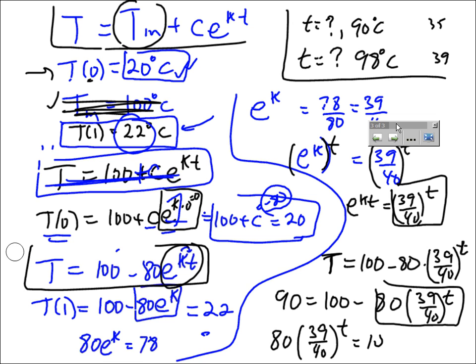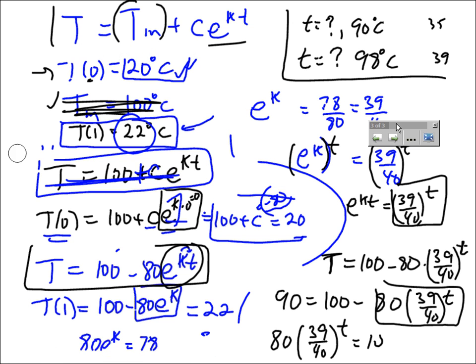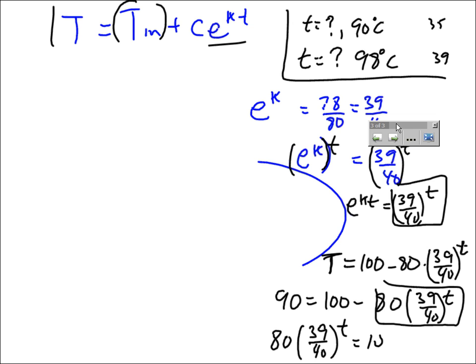Okay, so let me come here and finish, please. Dividing both sides by 80, I get 39 over 40 to the t is 10 over 80. The zeros cancel.